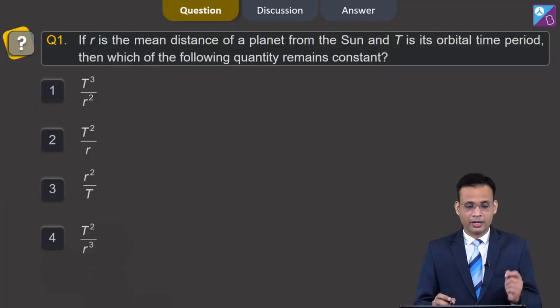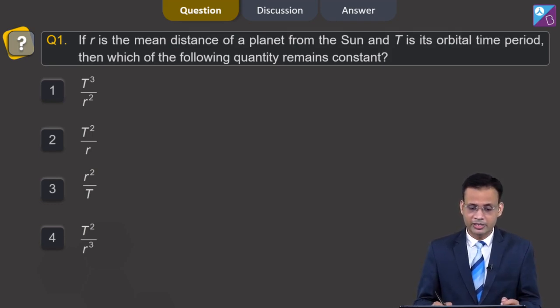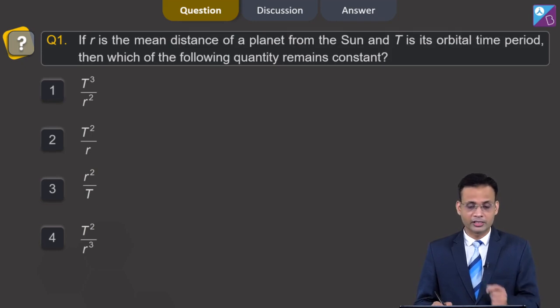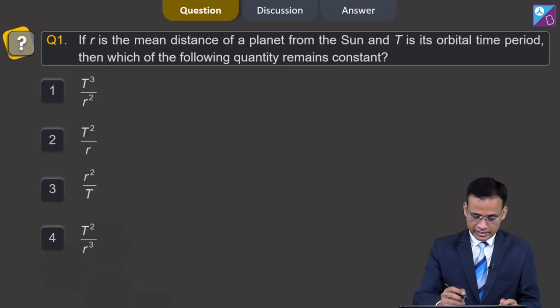Our first question states that if r is the mean distance of a planet from the sun and T is its orbital time period, then which of the following quantities remains constant? According to Kepler's law of planetary motion, the square of the time period, T square, is directly proportional to r cube.